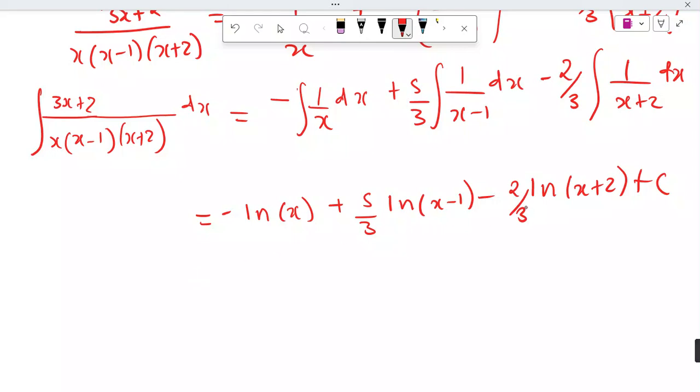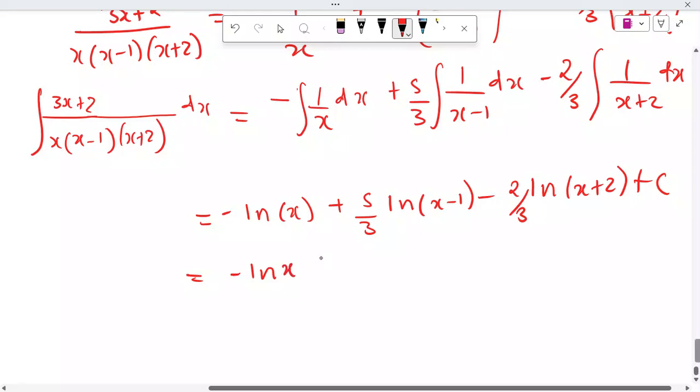If you see here, we can take out the 1 over 3. 1 over 3 is common. So negative ln x. For some who are lazy, you can leave it here, but it's best if you take out the 1 over 3.